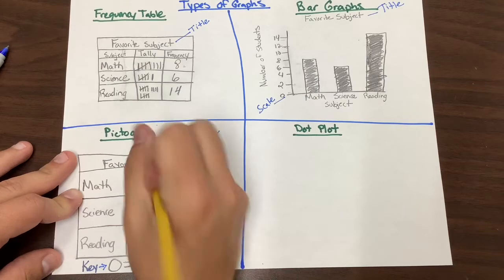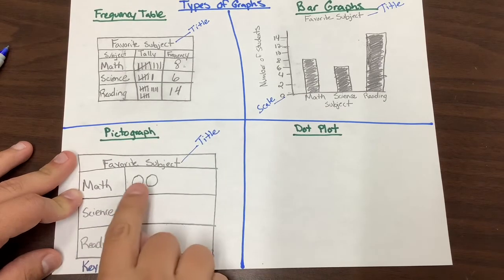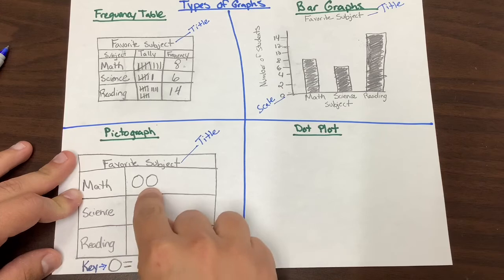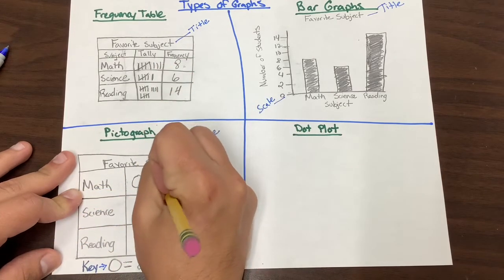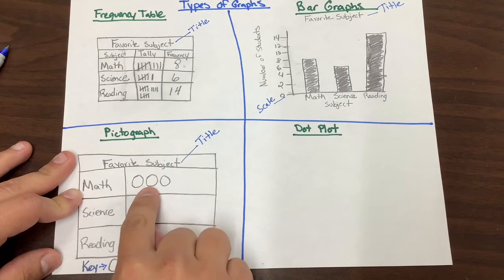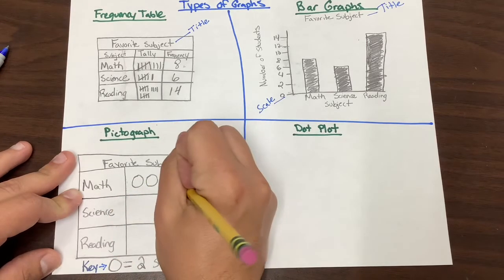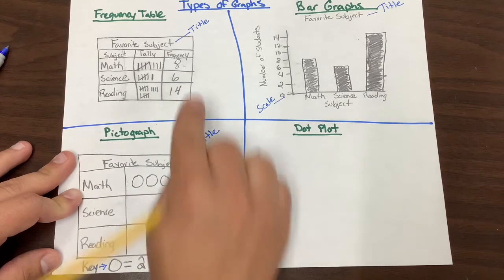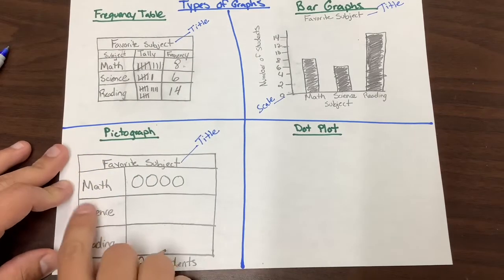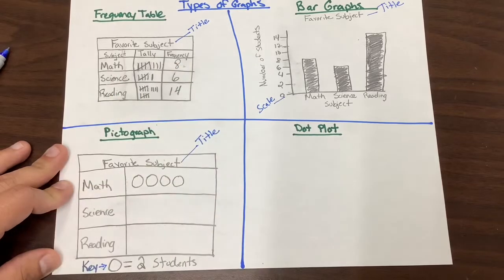What about 2 circles? 2 and 2 is 4, but we need 8. Another circle, 2 plus 2 plus 2 is 6. Another circle, 2 plus 2 plus 2 plus 2 is 8. So this represents 8 students that chose math as a favorite subject.